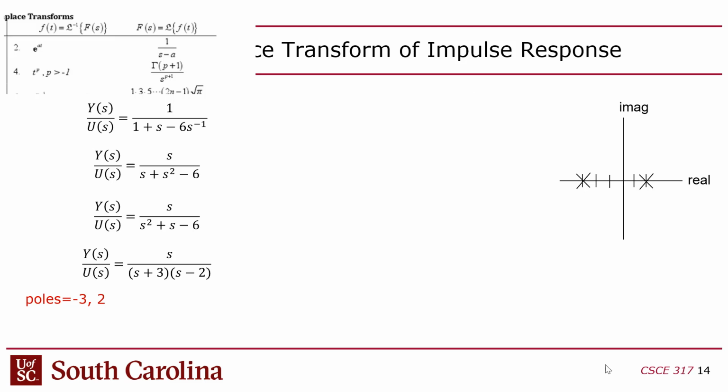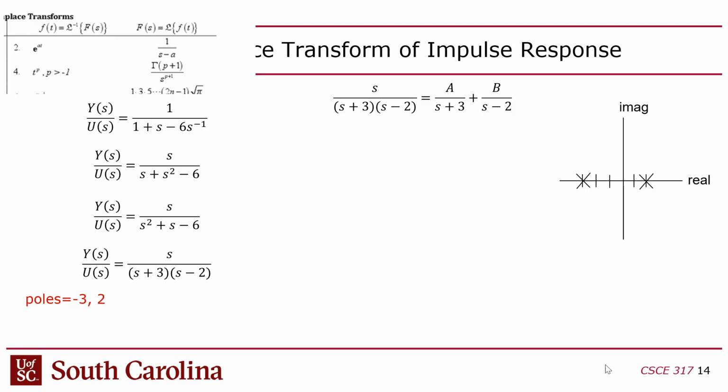So how do you do that? You guys probably remember this from high school. This is a trick you can do. What we really want to do is take this and convert it into a form that's a sum of A over S plus something, B over S plus something. Because that way, each one of these sub-expressions matches up to this table entry, right?